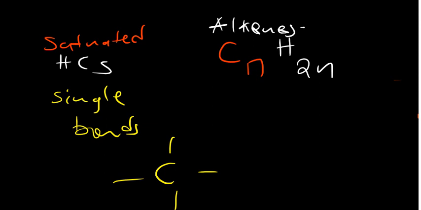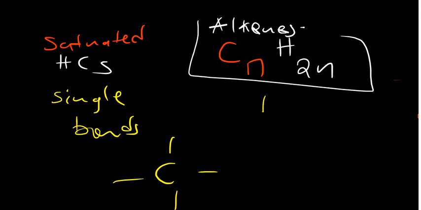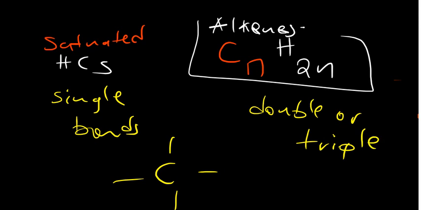Then the other part is where you have at least a double bond or a triple bond. Whether there is a double or a triple bond, we refer to that as unsaturated, because the carbon has the ability of breaking the double bond and being connected to other different atoms.